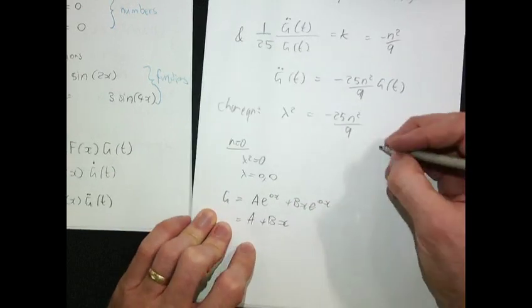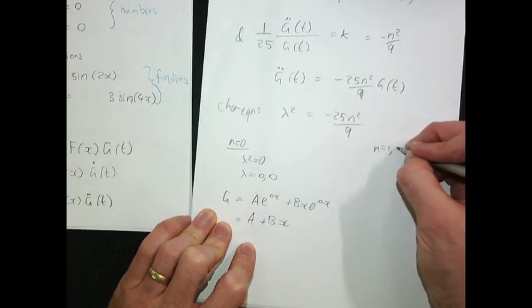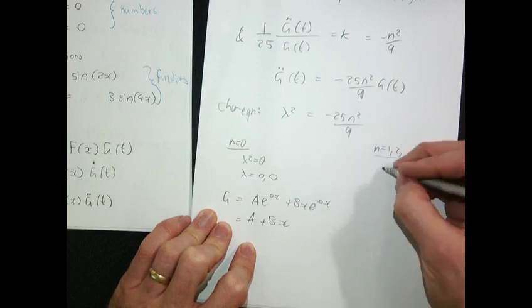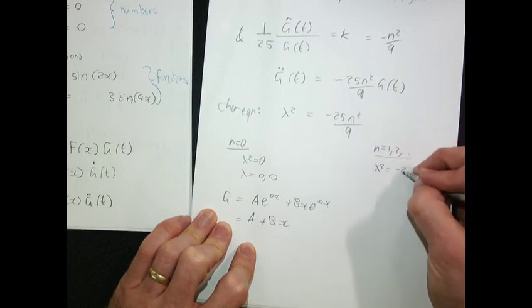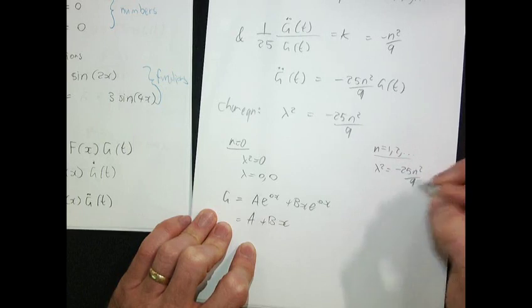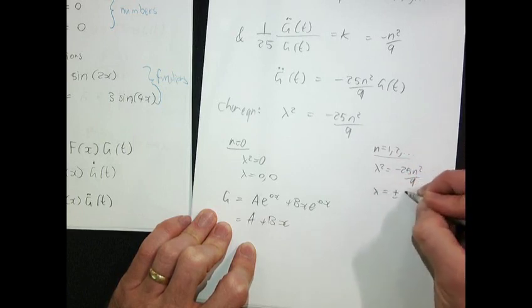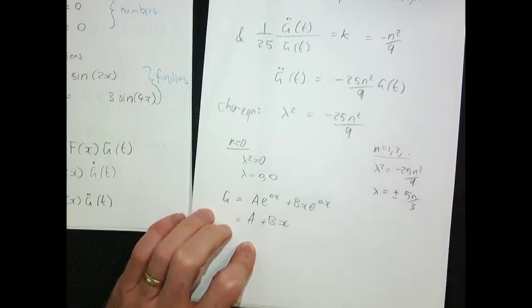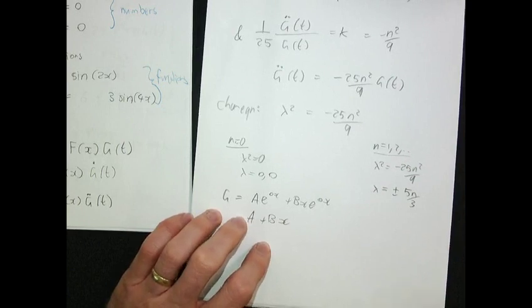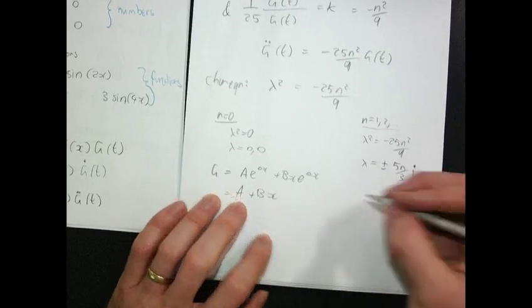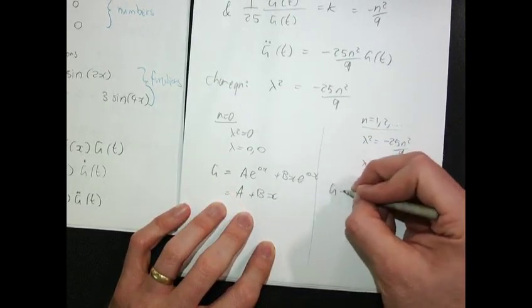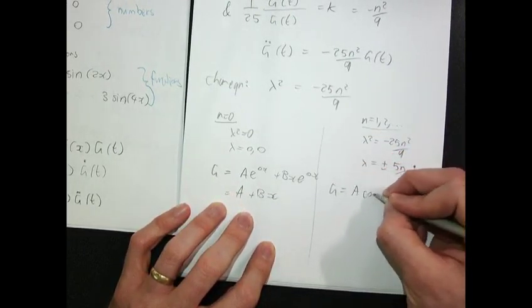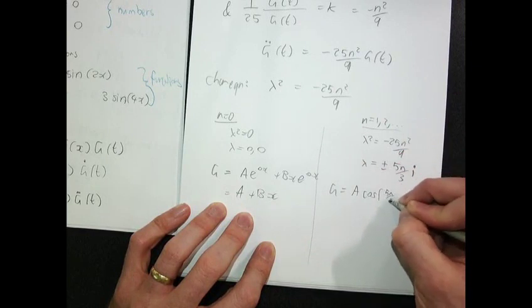But if n wasn't 0, all the rest of them, I get lambda squared is something negative, and I'd get complex solutions, with an i, because that would be complex. And I would get g equals eventually a cos 5n on 3 t.